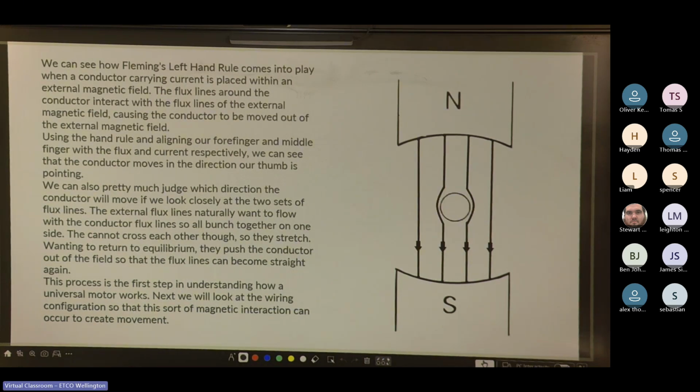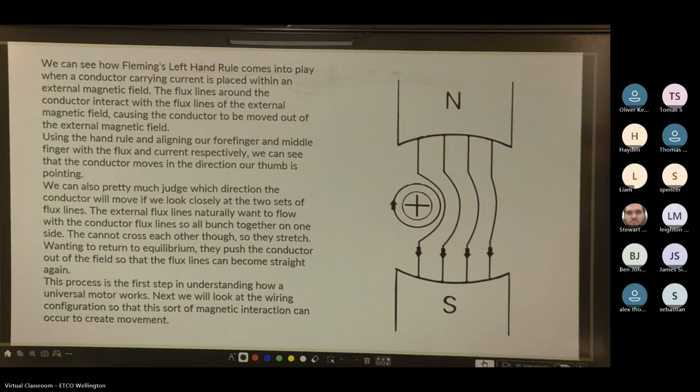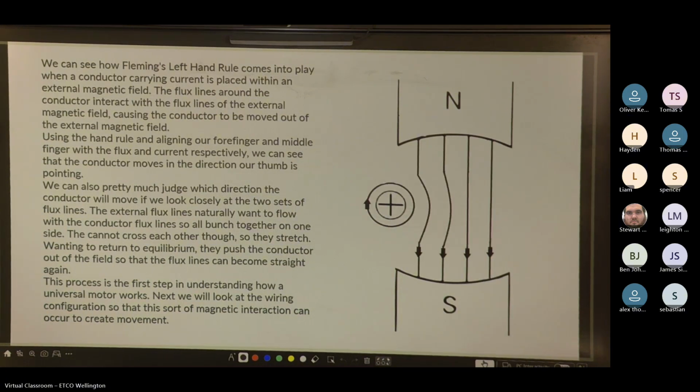So the way we know which way the current is moving is because we can see an X. Yeah, I think they've drawn that wrong.